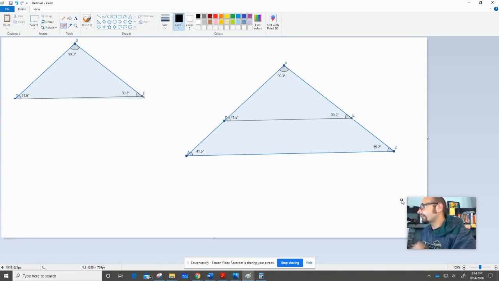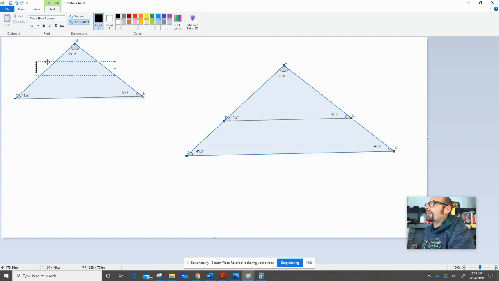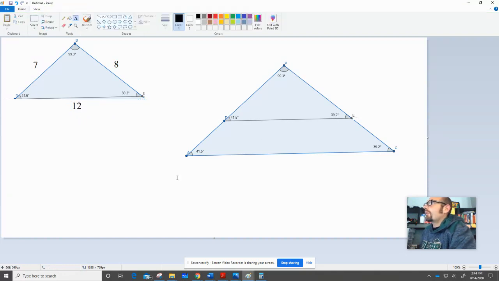All right. So now let's throw some numbers on some of these sides here. Let's say this side is 7, this side is 8, and this side down there is 12.